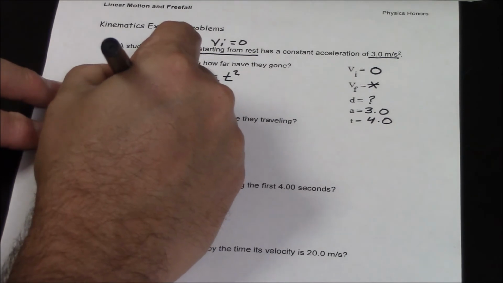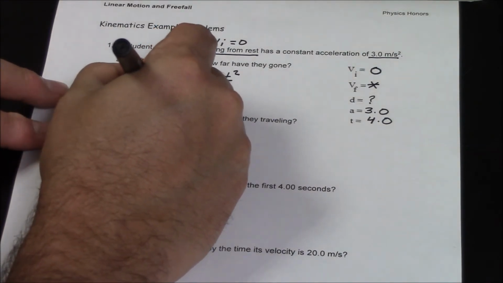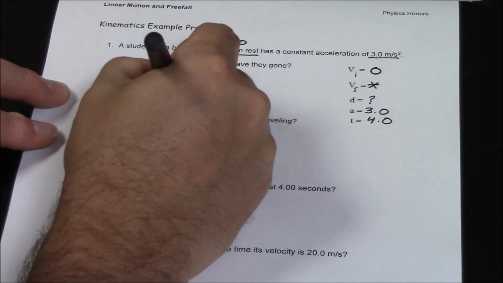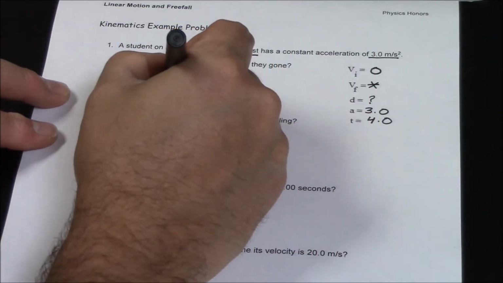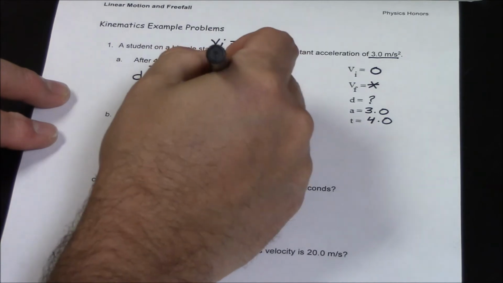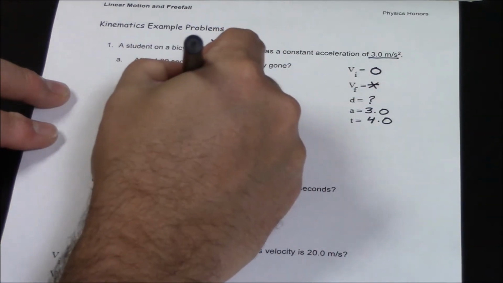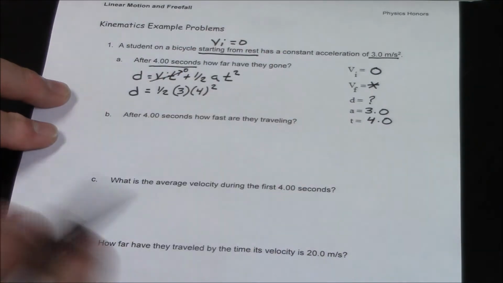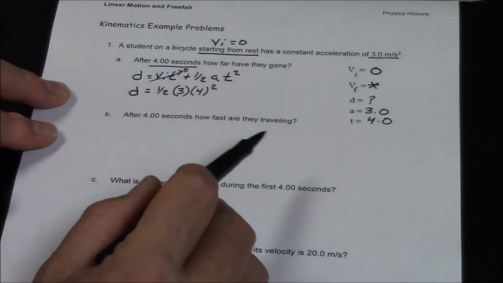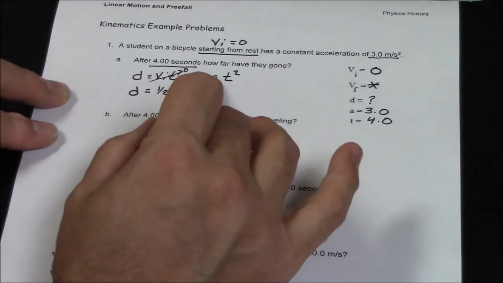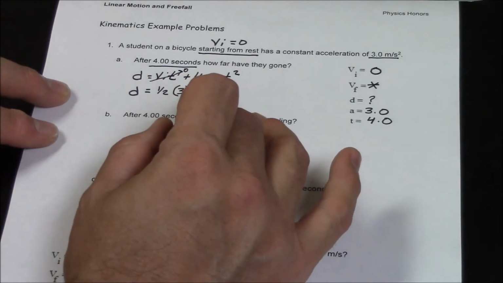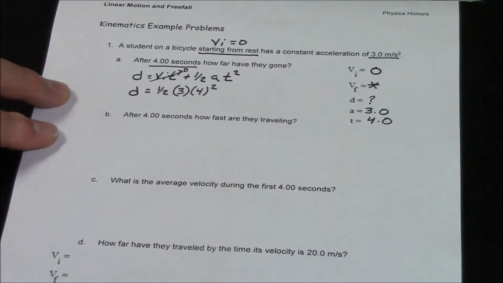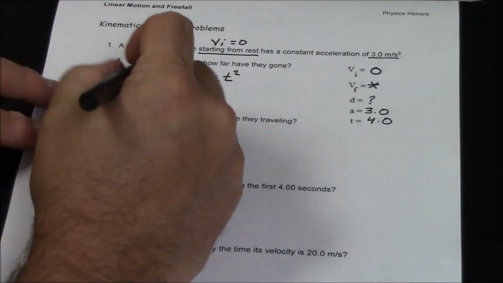So my next line, I substitute my numbers. So I get 1/2 A, which is 3, T squared, so it's 4 squared. Now be careful. One common mistake I've seen throughout the years, students try to square the A times T. It's just the T that's squared, just the time.